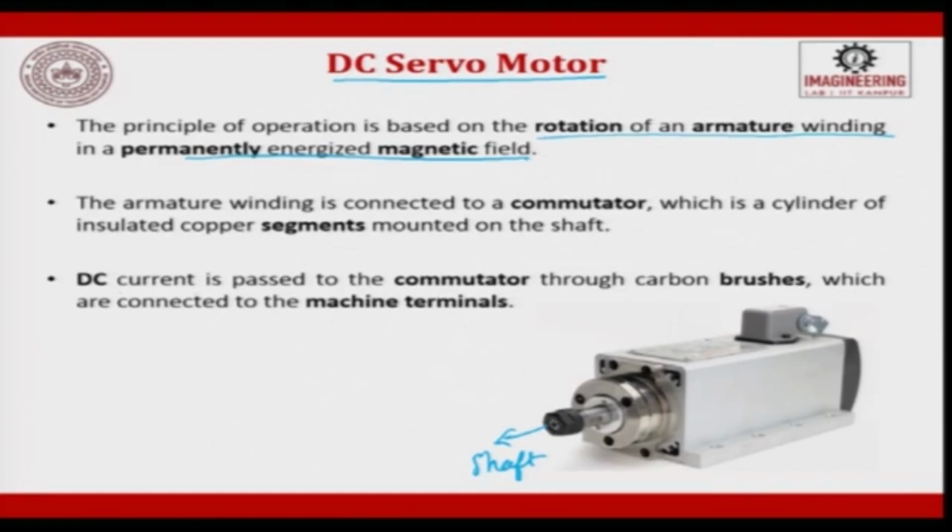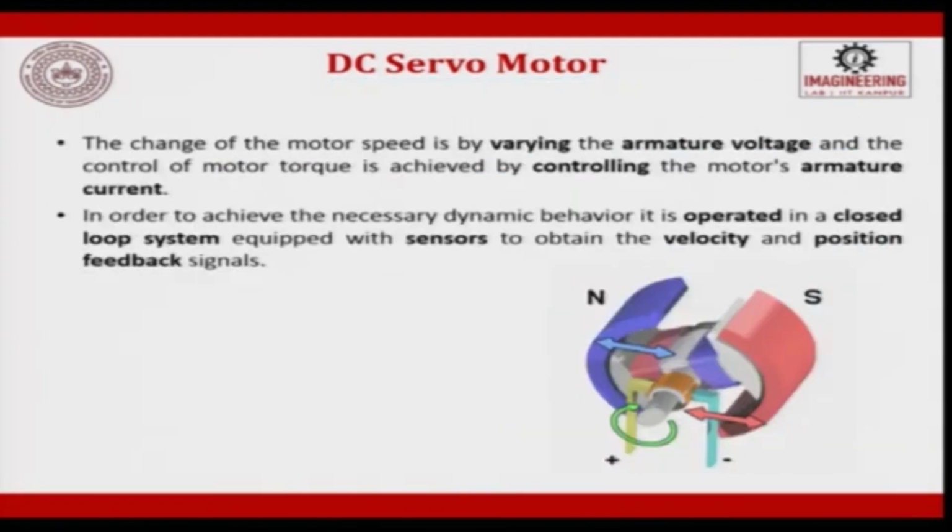The DC current is passed to the commutator through carbon brushes. That is why the part of a DC motor that always has wear and tear is the carbon brush. Today, we also have brushless DC motors, which are connected to the machine terminal. This is the animation of how a DC servo motor works.